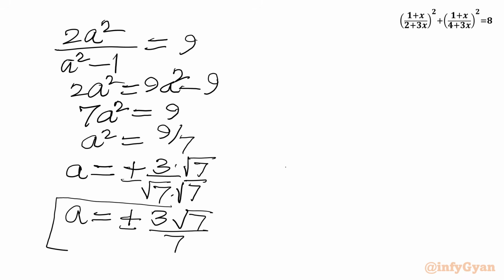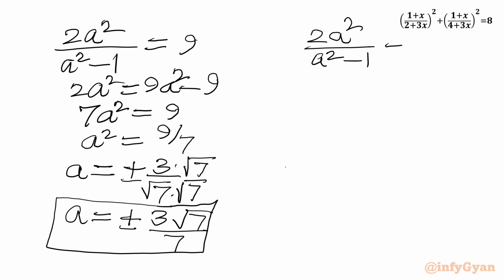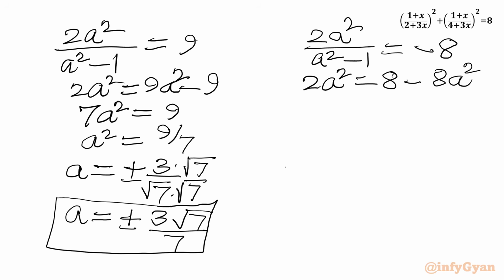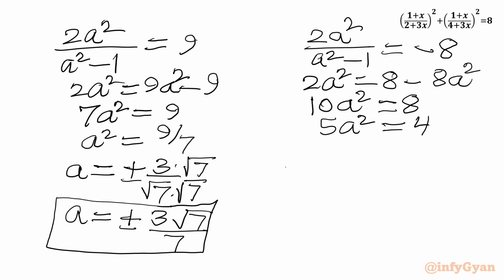Now we have second equation. It is 2a square over a square minus 1 equal to negative 8. Let's cross multiply. We will get 2a square is equal to 8 minus 8a square, or we can write 10a square equal to 8. By dividing 2 both sides, we will get 5a square equal to 4.